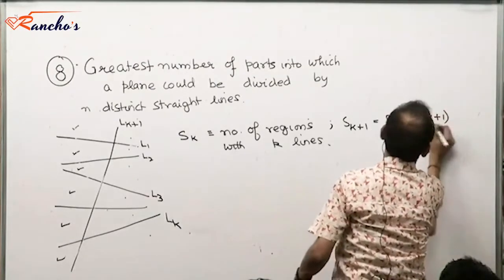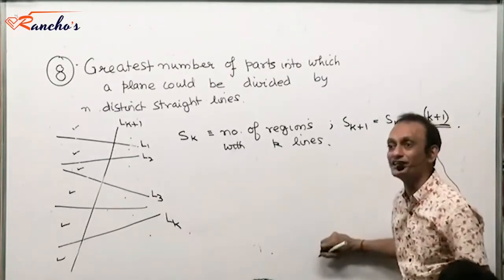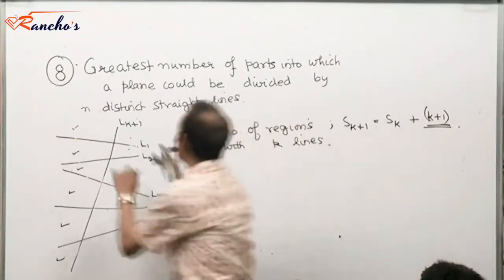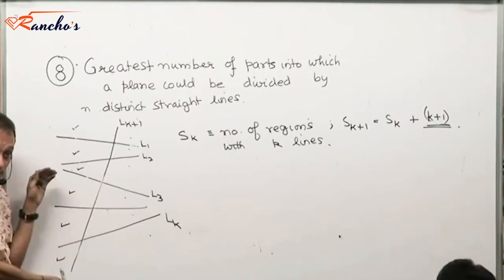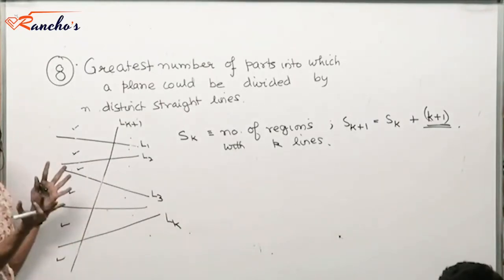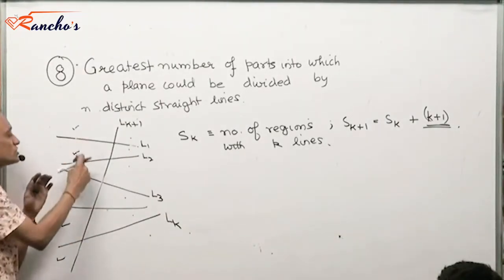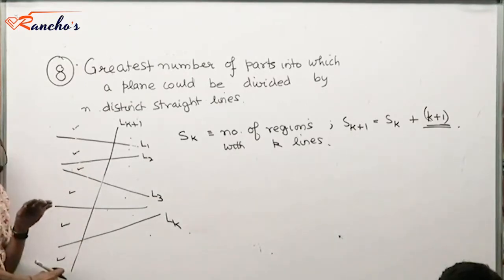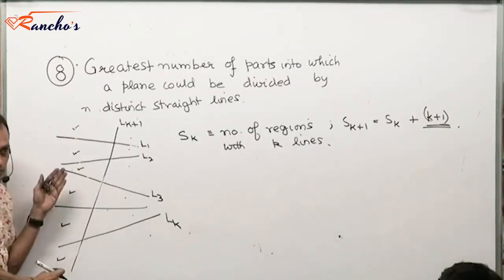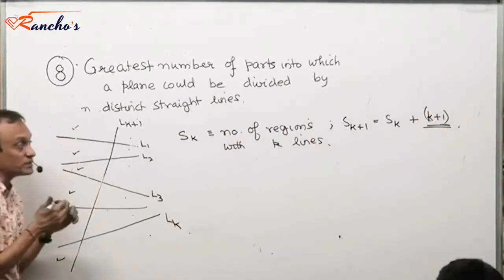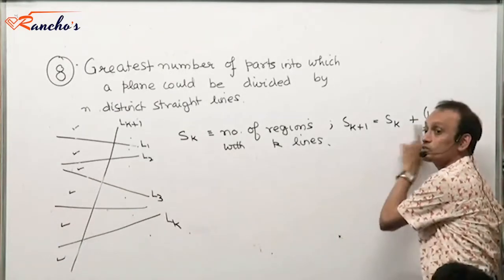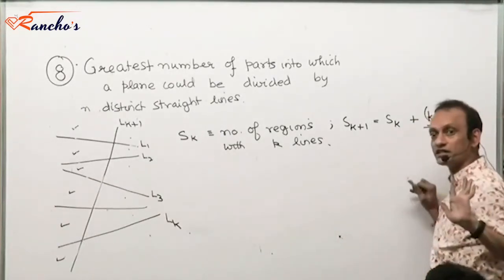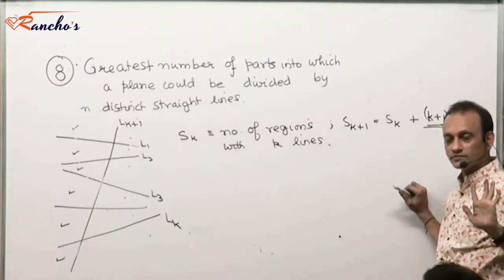K plus 1 additional regions were produced, yes or no? That means Sk plus 1 was k plus 1 more than Sk. Do you understand this? Good.